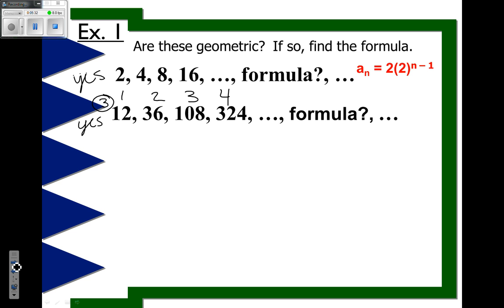So if I write the formula, does anyone have any questions where we got any of those numbers from? Pretty easy?